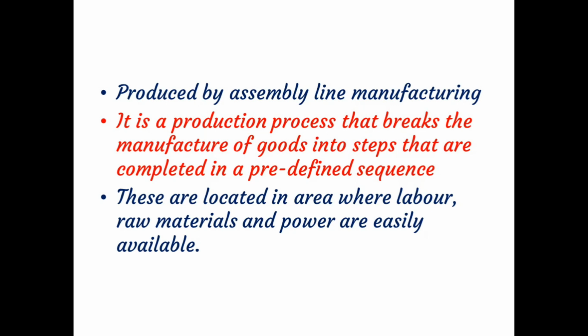Clear, children? One by one, they will produce the parts of the vehicle. At last, they are assembled together. That type of production process is called assembly line manufacturing.